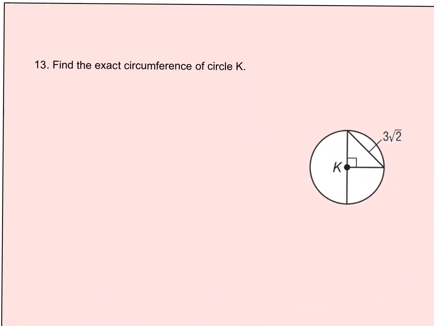Find the exact circumference of K. So that means in terms of pi, no decimals. So now when I'm looking at this triangle, 3 square root of 2, I know that these two are equal. I know that that's a 90-degree angle. That automatically makes it a 45, 45, 90 triangle. And the relationship there is like this.